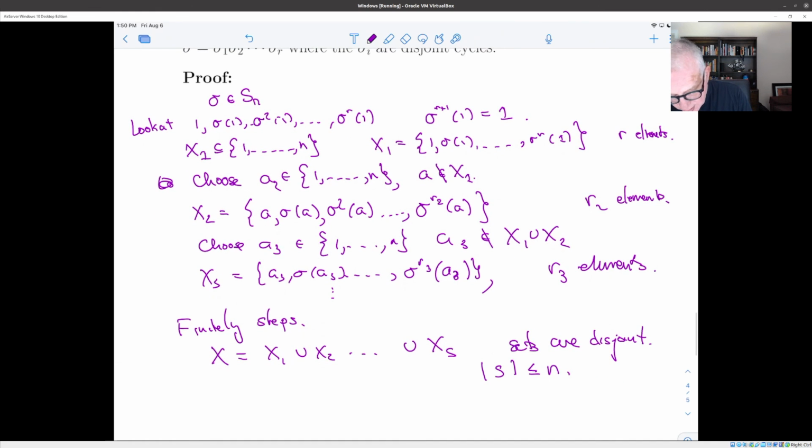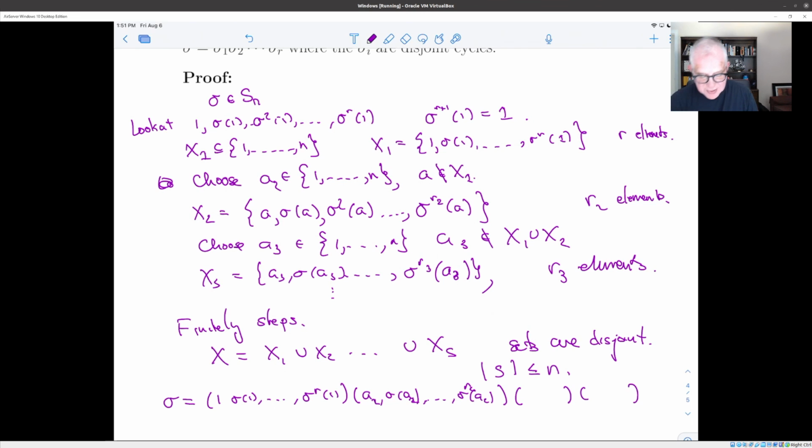And now we have our product of disjoint cycles, because sigma is going to be (1, sigma of 1, ..., sigma to the r of 1)(a2, sigma of a2, ..., sigma to the r2 of a2), and so on.